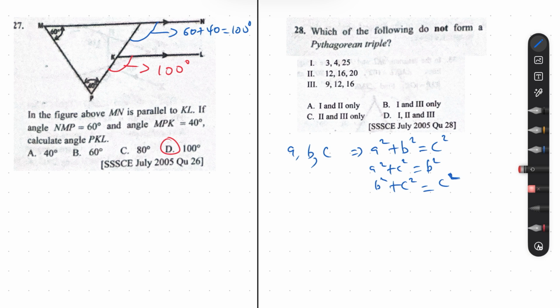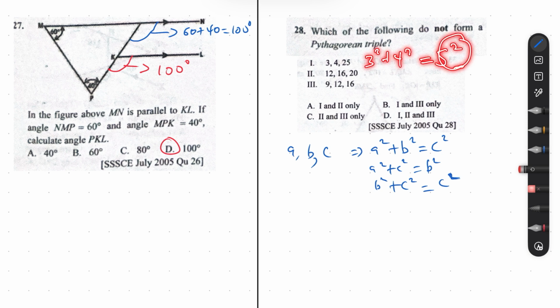So what that means is we need to find out if the sum of the squares of any two of the numbers is equal to the square of the third number. Let's do that for the first one. This is very simple to do. 3 squared plus 4 squared is 5 squared.